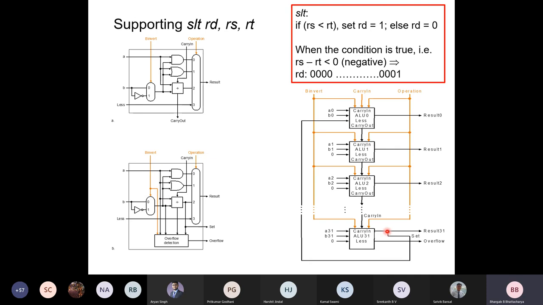Okay, so this one bit which is observed after the subtraction operation, if it is negative, then this bit will assume 1, and that 1 you apply in this input and pass it to the output. And since the rest of the bits are set to 0, the third input of all these modules is set to 0.